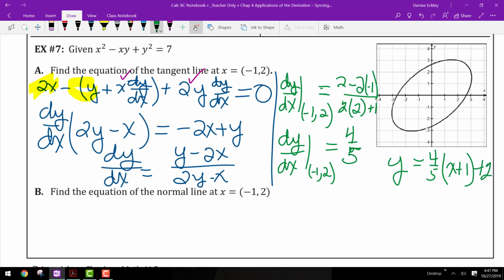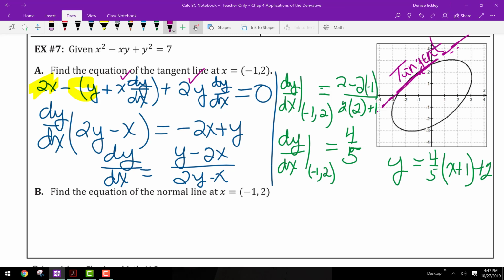Okay, so if you look at the point negative 1, 2, that is the line that goes along this part of the ellipse. So that's the tangent line there. And now we want to find the equation of the normal line at negative 1, 2.